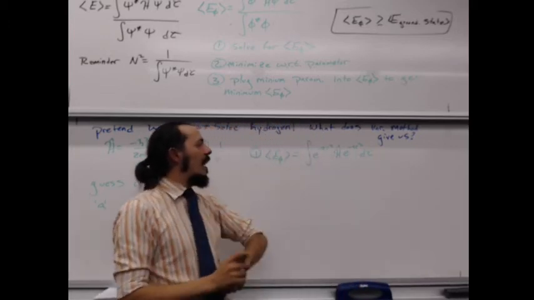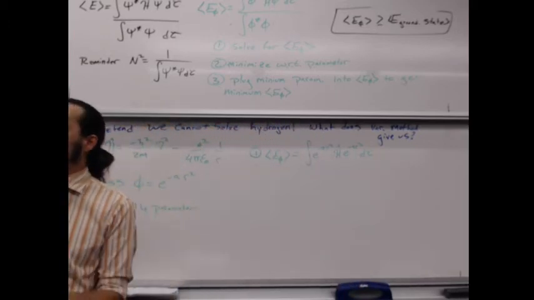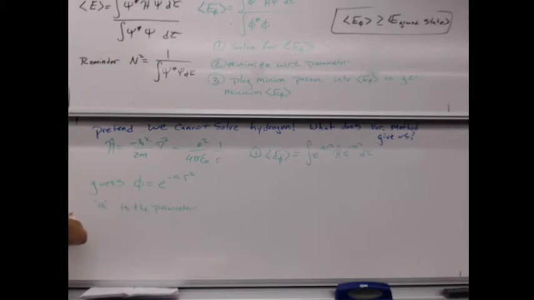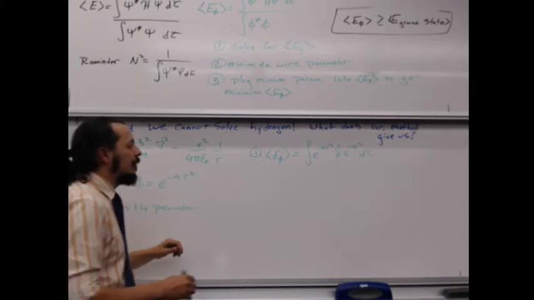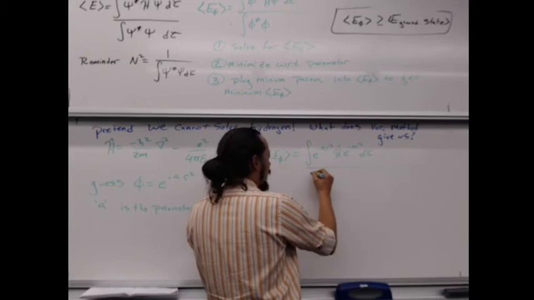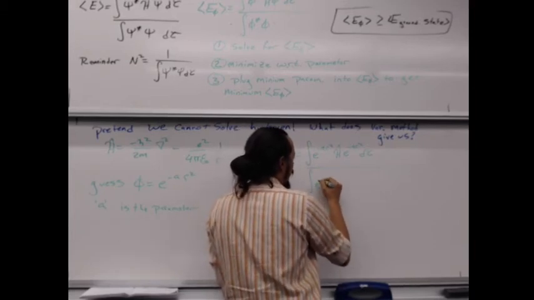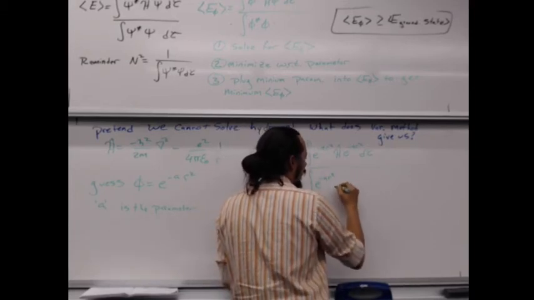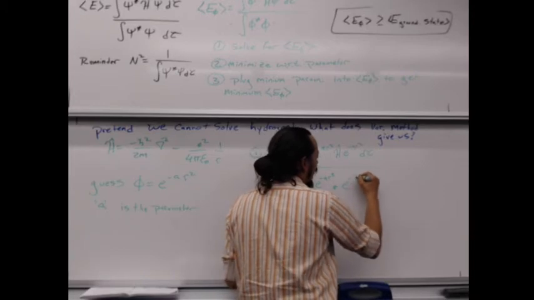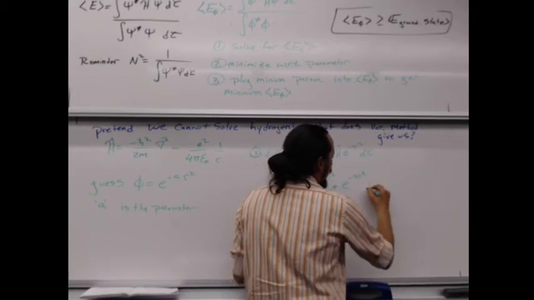Remembering for this that d tau still needs to be three-dimensional space because my del is still three-dimensional. So I'm still going to have r, theta, and phi in there, even though my guess function doesn't have any theta or phi part. Divided by the integral of e to the minus ar squared times e to the minus ar squared d tau.